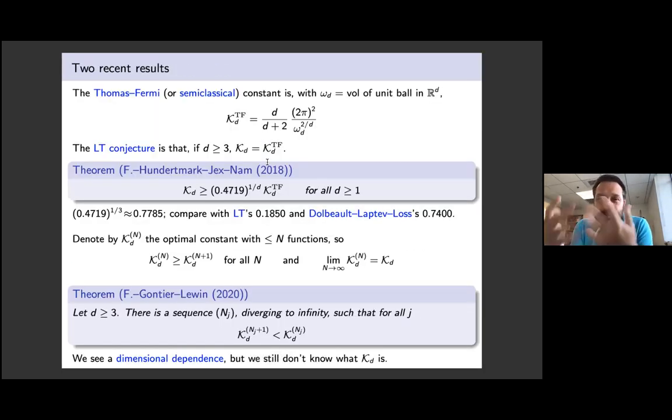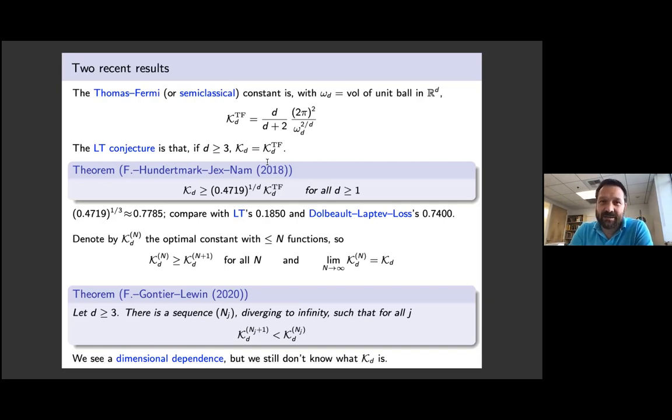Now that I have brought you up to the same page on Lieb-Thirring inequalities and what is known, I would like to present 2 recent results that we obtained concerning the optimal values of these constants. I should say right away, we cannot solve this Lieb-Thirring conjecture.